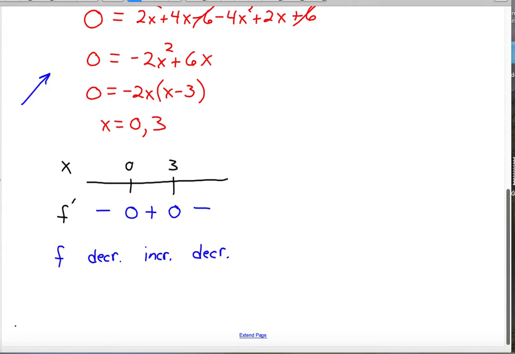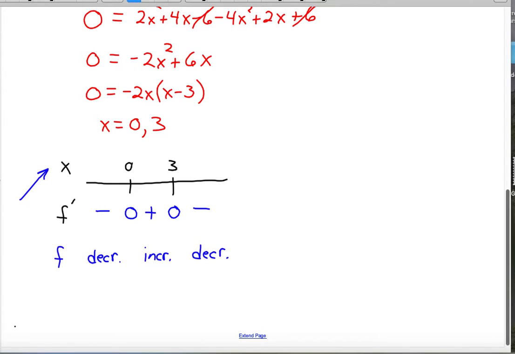And also, because f prime goes negative, 0, positive, that means the slopes of my tangent lines are negative slopes, 0, positive. That tells me that this is a local minimum.